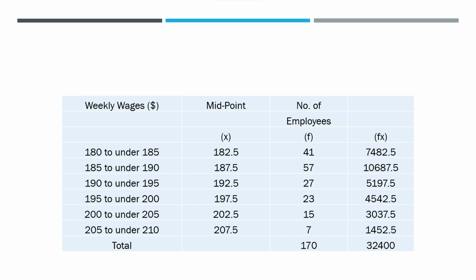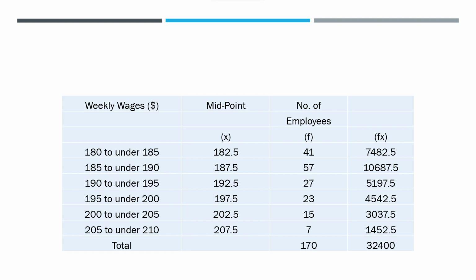Similarly, you keep on doing calculations like this, and you will arrive at all these midpoints: 192.5, 197.5, 202.5, and 207.5. Now, the number of employees is basically the frequency, which is already given in the question.